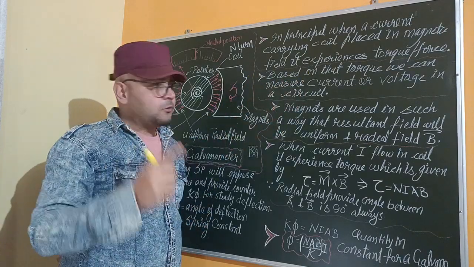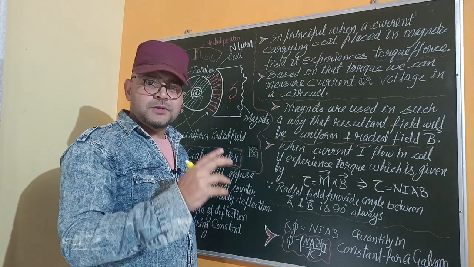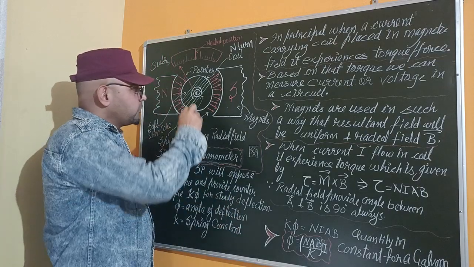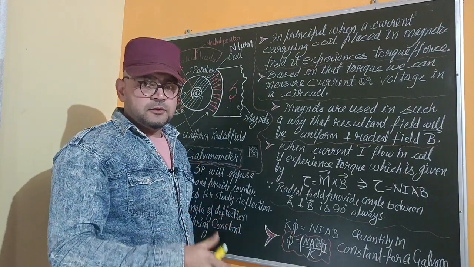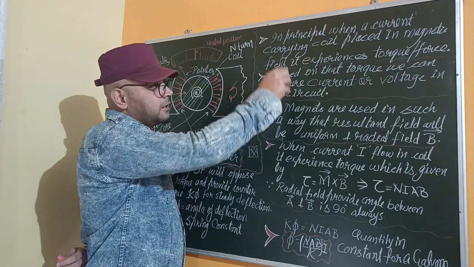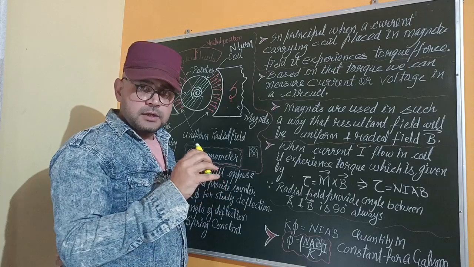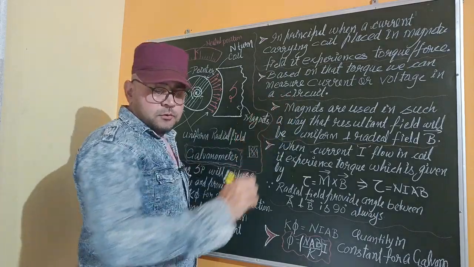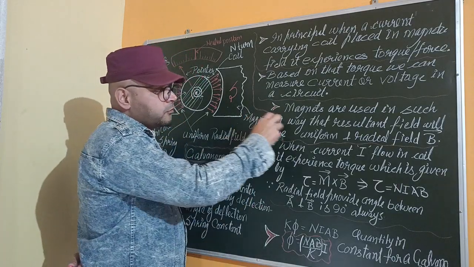Based on how much torque is produced, we can indirectly calculate the current flowing through this coil. So by measuring the torque, we can measure the amount of current or voltage between two particular points in a circuit. I hope it is well understood by you.